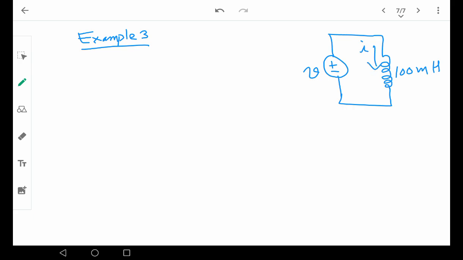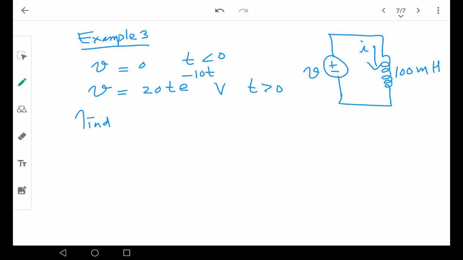You are given V equal to 0 for t less than 0, V equal to 20t e raised to minus 10t volt for t greater than 0. Now what you are asked to find out is the current in the inductor.